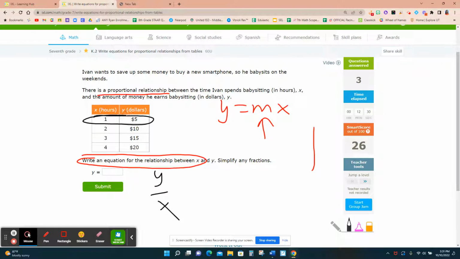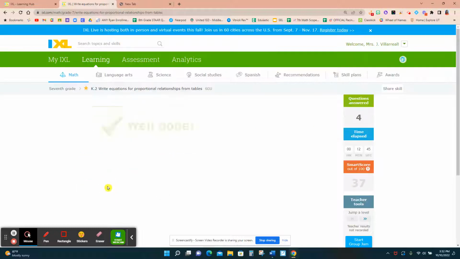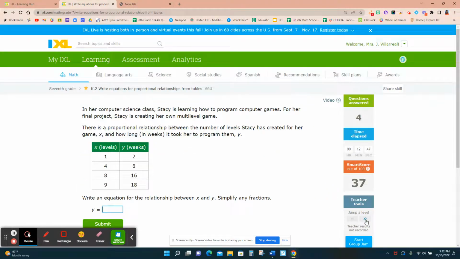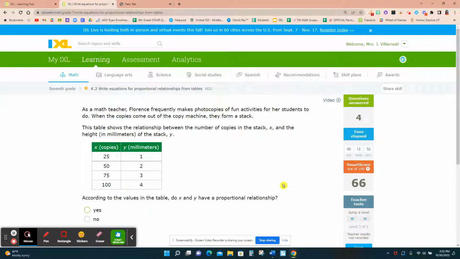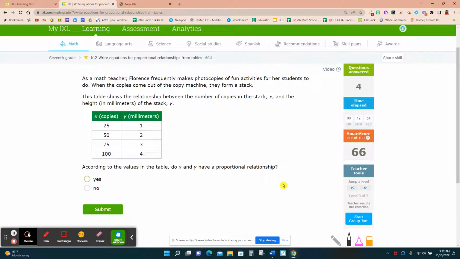So you choose a number, 5 and 1, 5 divided by 1 equals 5. All right, so right here, you're going to put in a 5 and a lowercase x. Then you're going to submit, and that is going to be your answer. Okay, all of the questions pretty much look the same. Right here, it's going to be a little bit different when you go higher in the level.